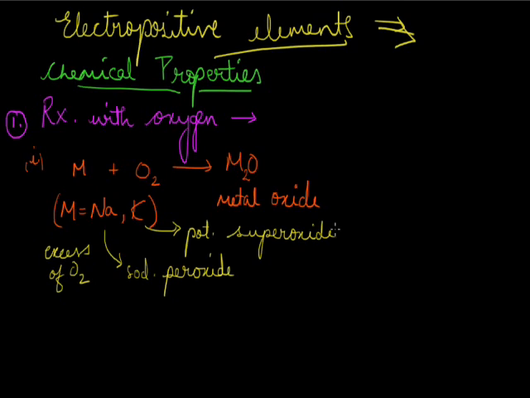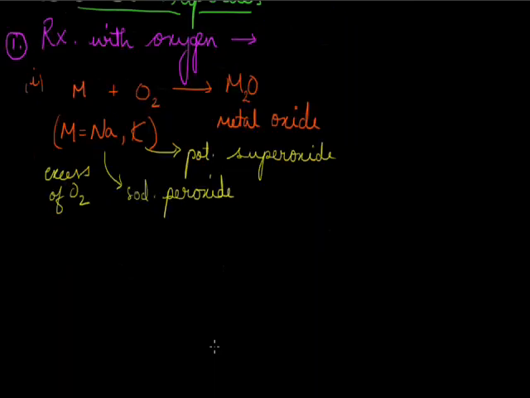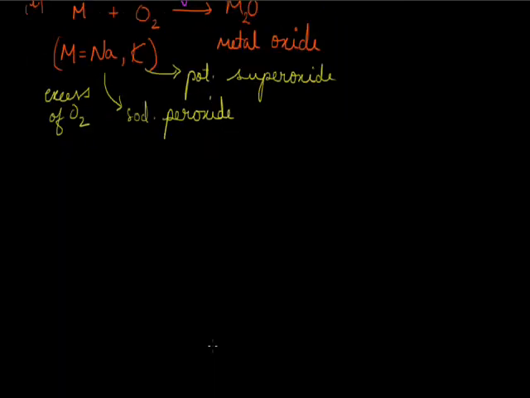Now these metals react very violently. I said the word violently because they liberate a large amount of energy, that is, the reactions are exothermic. Here we can see why the reaction is exothermic: sodium and potassium are highly reactive metals, and when they come in direct contact with oxygen, they form metal oxide with the liberation of energy.